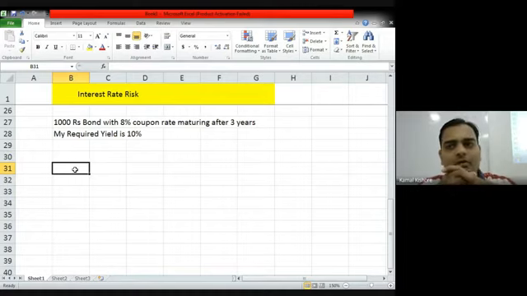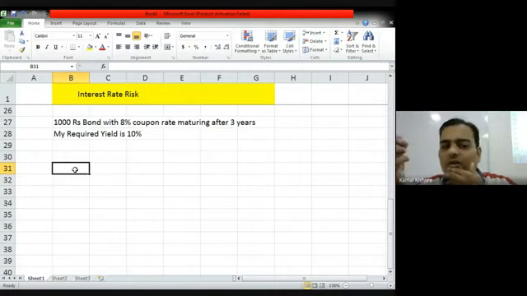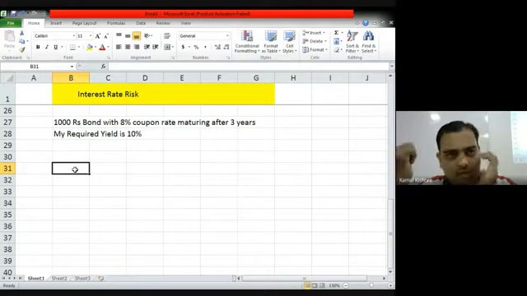What does coupon mean here? Coupon means the cash flows associated with the bond. 8% coupon means every year you will get 80 rupees. So that is the cash flow.